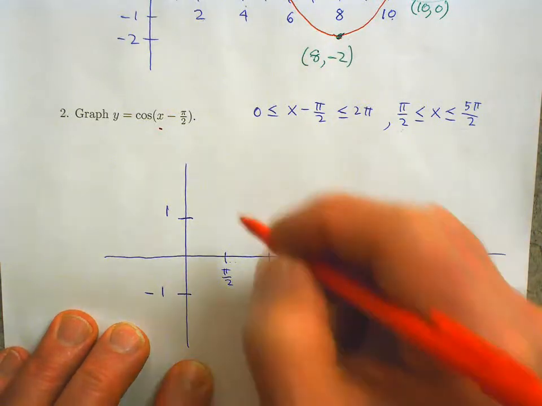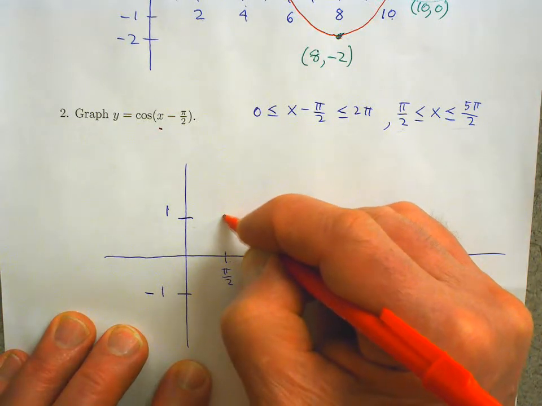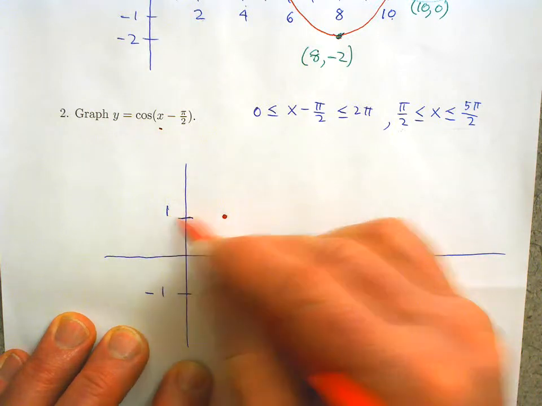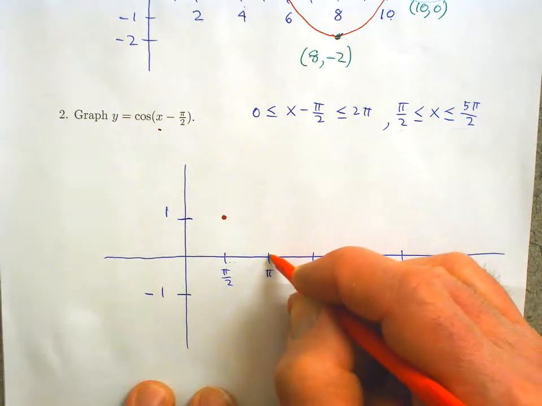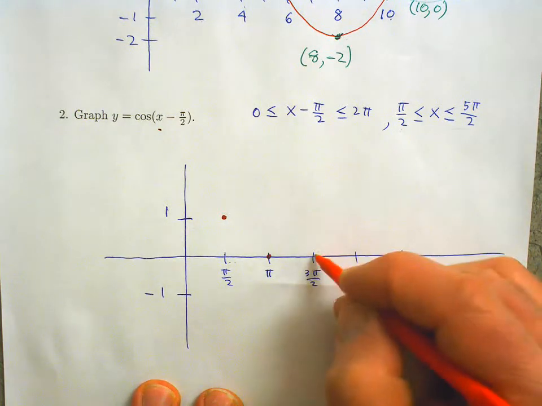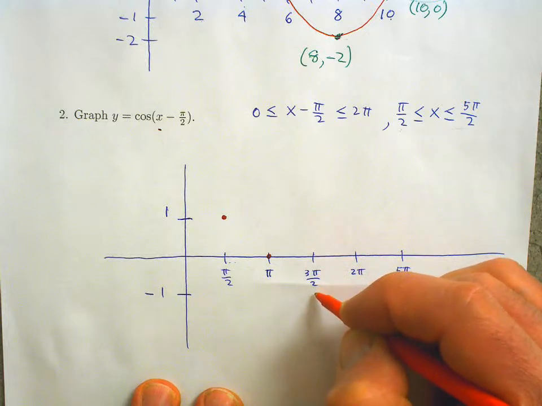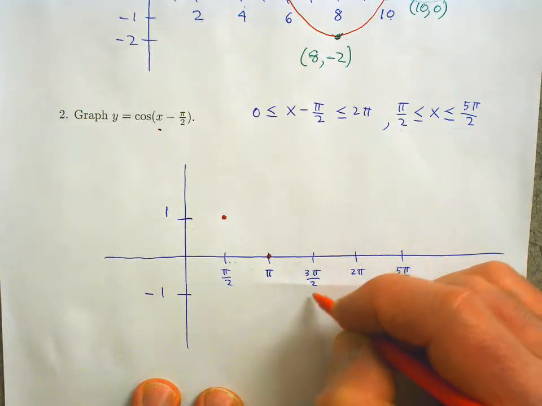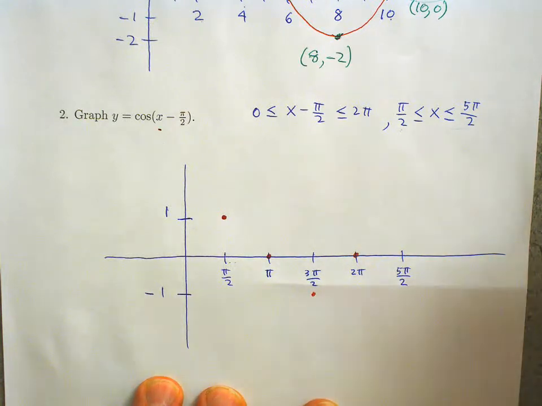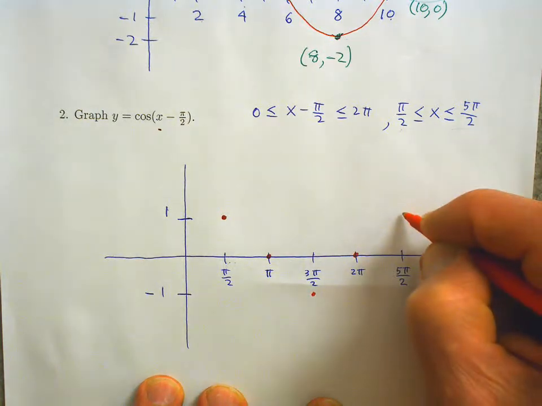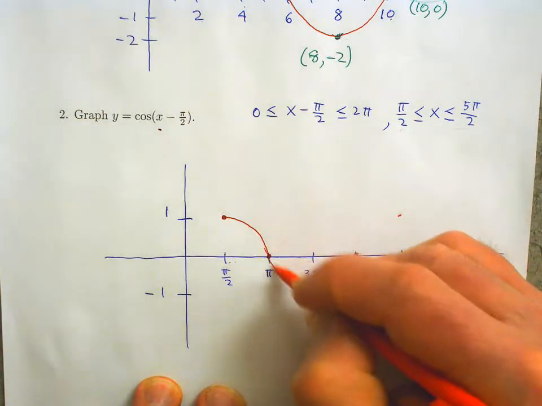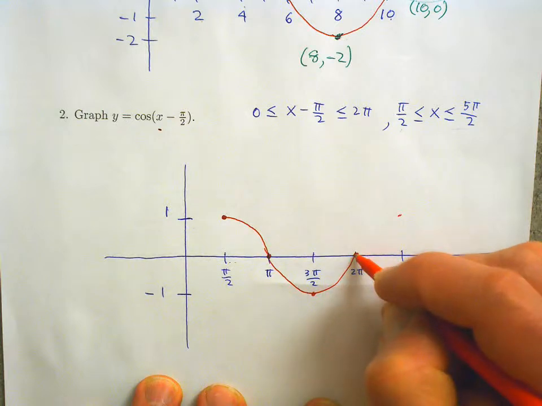So I'm expecting this to be a point on the graph when x is pi over 2, y is 1. When x is pi, y is 0. When x is 3 pi over 2, I am expecting y to be negative 1. At 2 pi, the y value is 0, and at 5 pi over 2, the y value is 1. So I get one period of cosine, looking something like this.